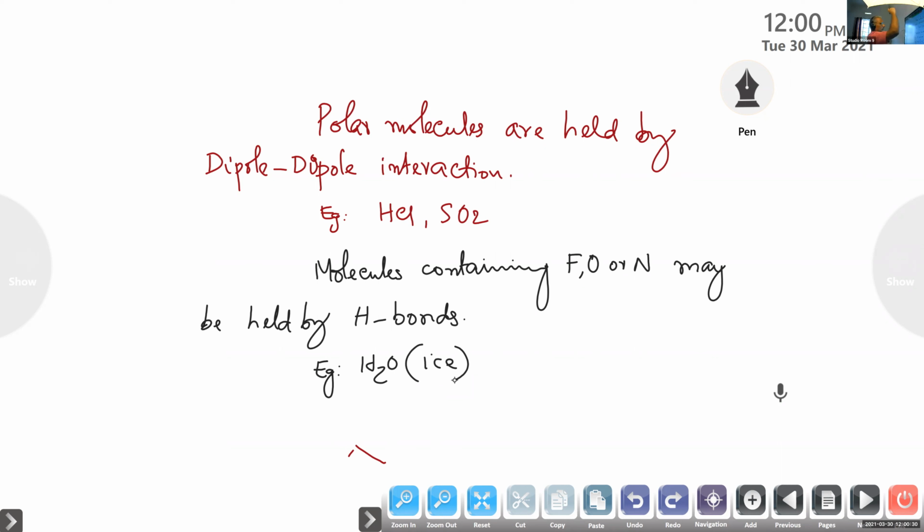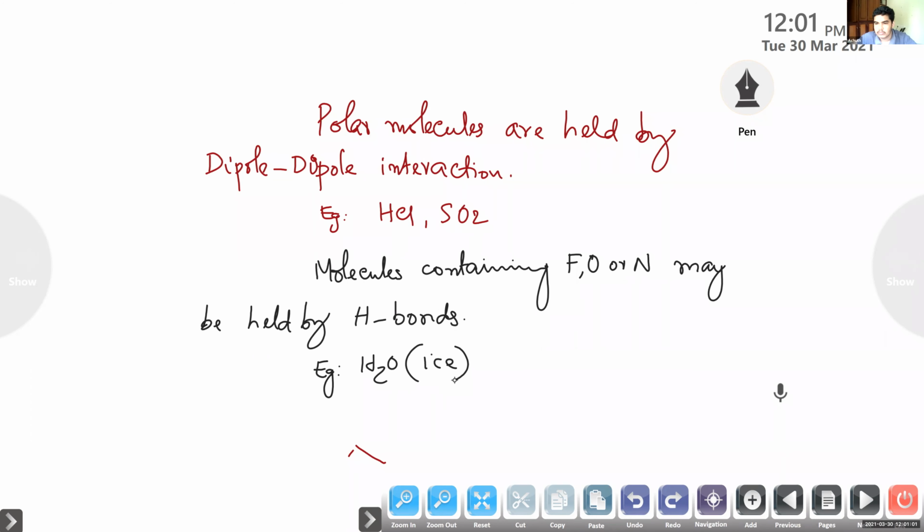Non-polar molecules are held by London forces or dispersion forces. Polar molecules are held by dipole-dipole interaction. Molecules containing fluorine, oxygen, nitrogen, etc. may have hydrogen bonds, for example, in water.